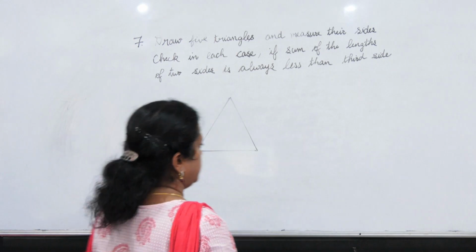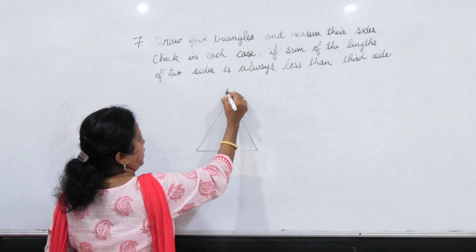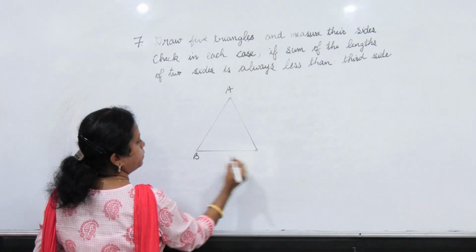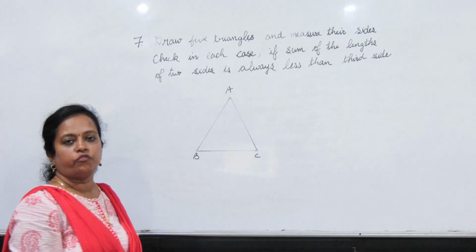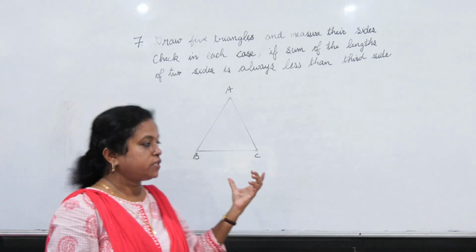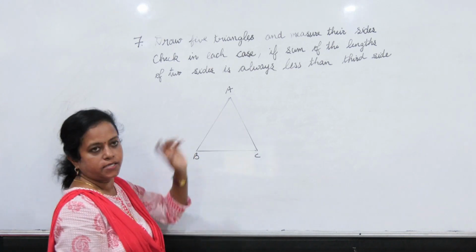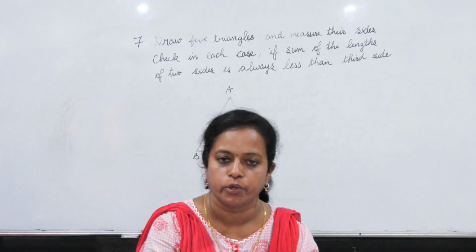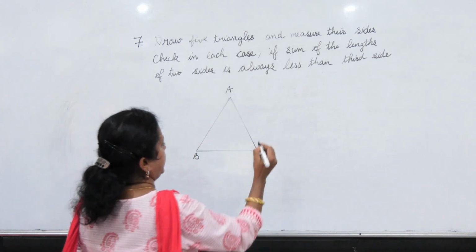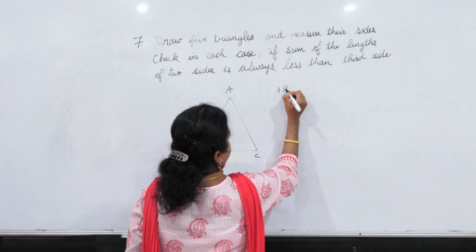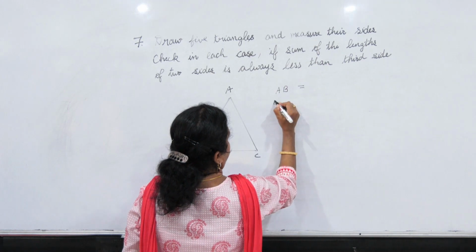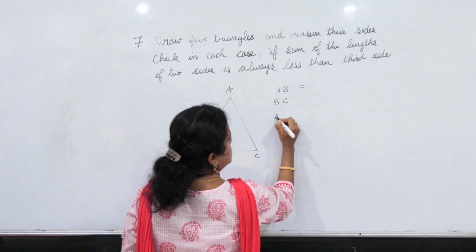Let us see the triangle that is made here. I am naming it A, B and C. Now we have to measure the lengths of the 3 sides of the triangle. What are the 3 sides? AB, BC and AC. Using a ruler, you are going to measure the lengths of AB, BC and AC.